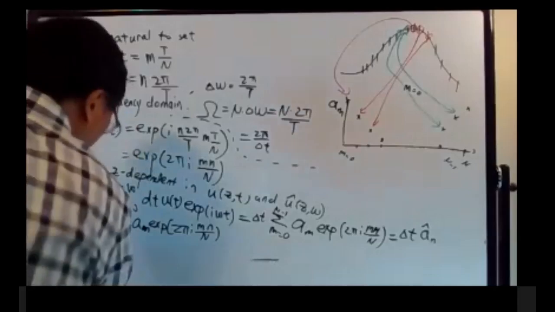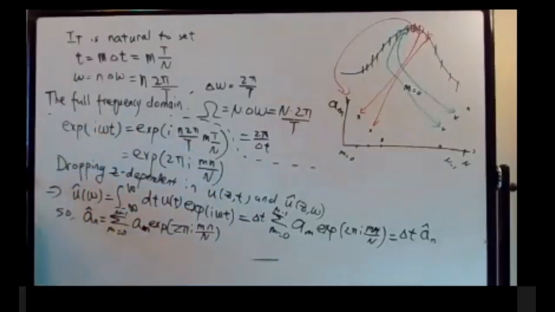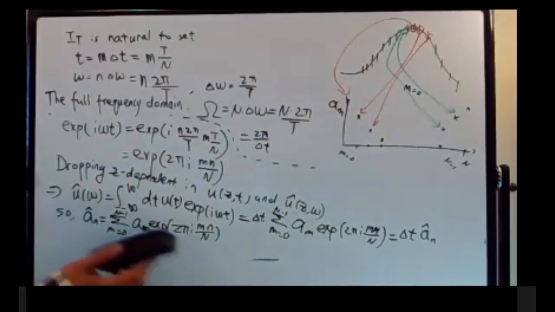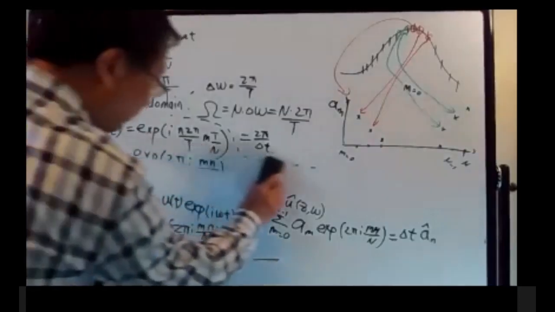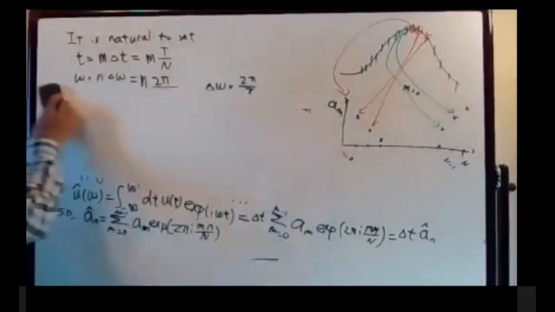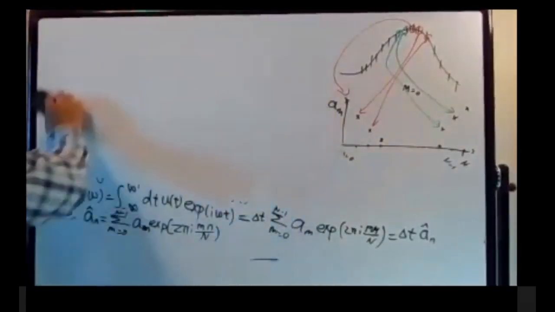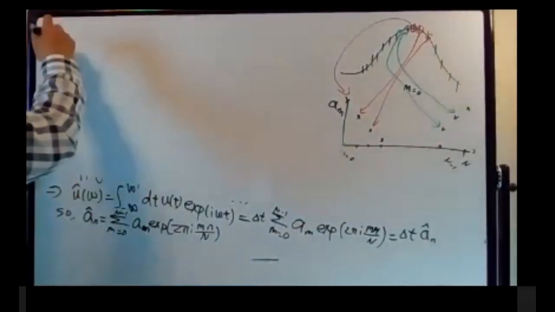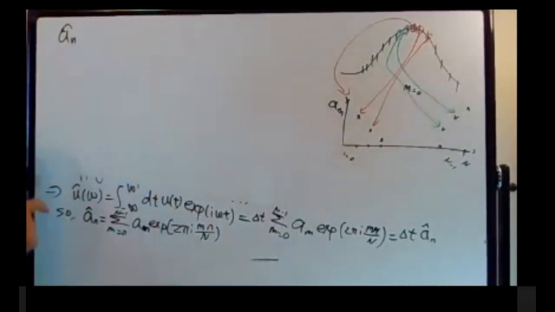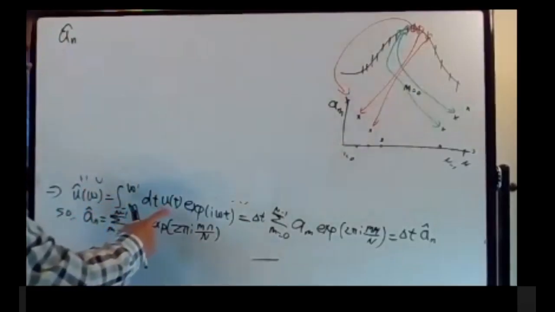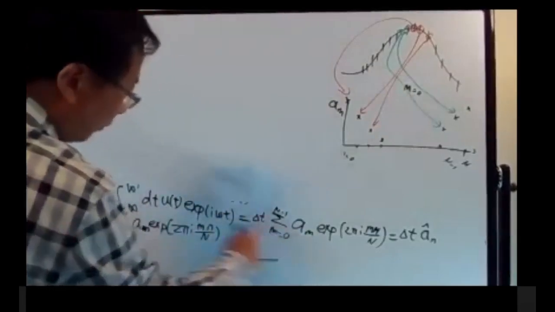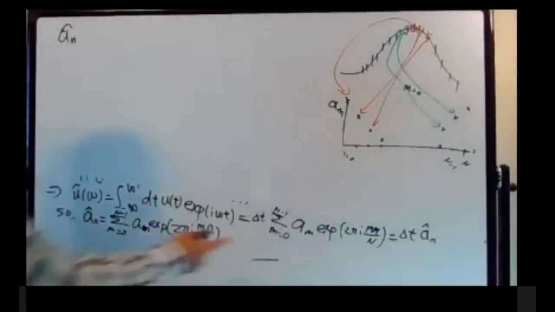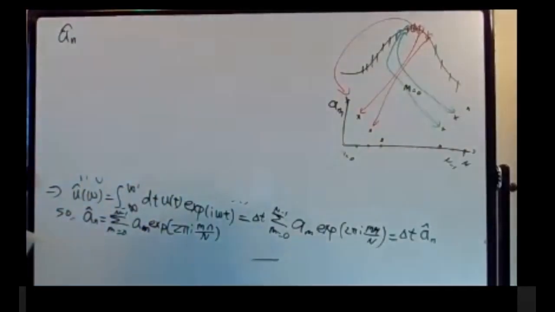Okay, so now let's write what is a hat. Let me keep this equation, because I'm going to use it again. Remember this a_n hat. In the time domain, a_m is directly equal to u(t).